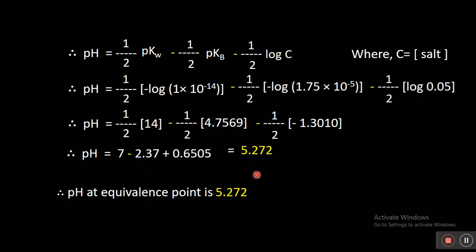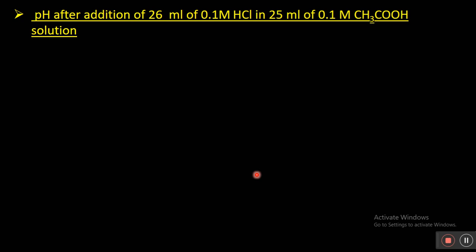Therefore, pH at the equivalence point is 5.272. Okay. Now let us move ahead. What will be the pH after addition of 26 ml of 0.1 molar HCl solution to 25 ml of 0.1 molar weak base solution?